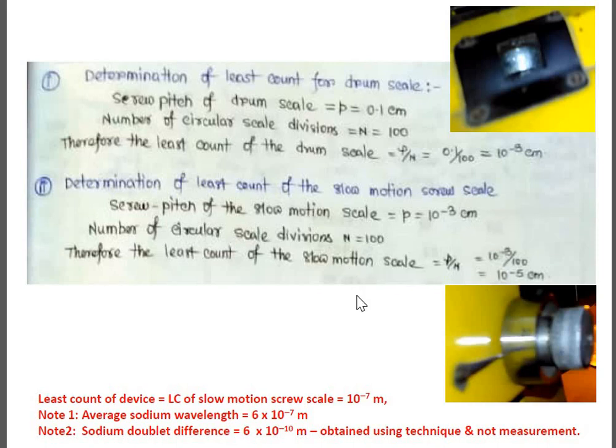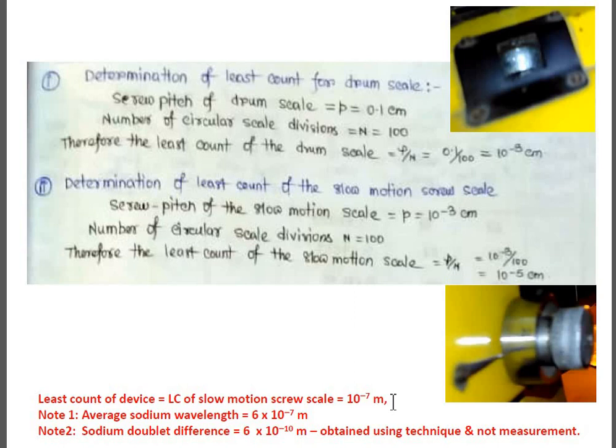So what does this mean? This means that the least count is 10 to the power minus 5 meter divided by 100, and this means the least count of the slow motion screw scale is 10 to the power minus 7 meter, and this is the least count of this device. Okay, good.